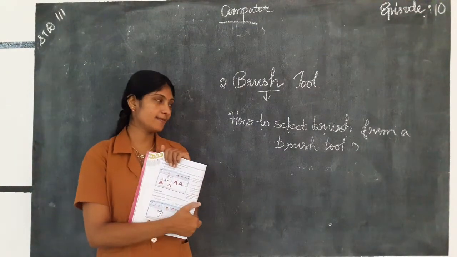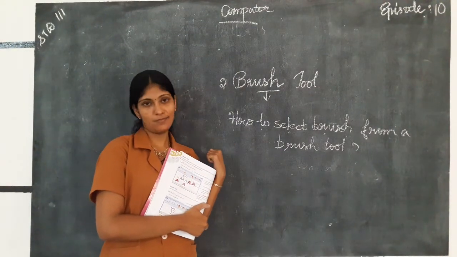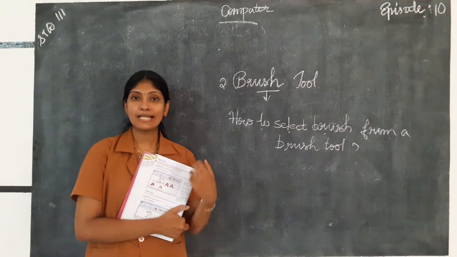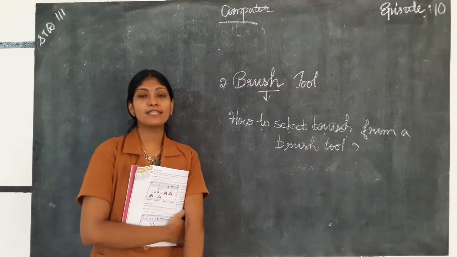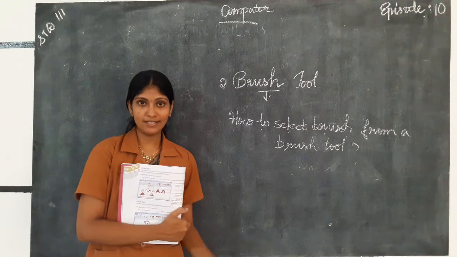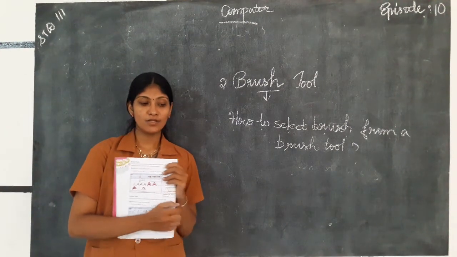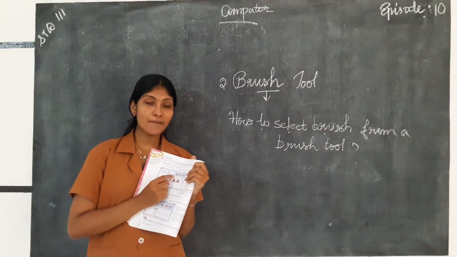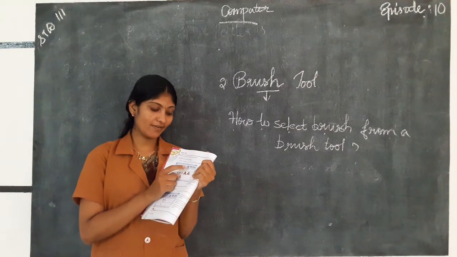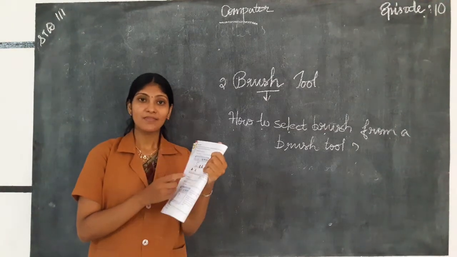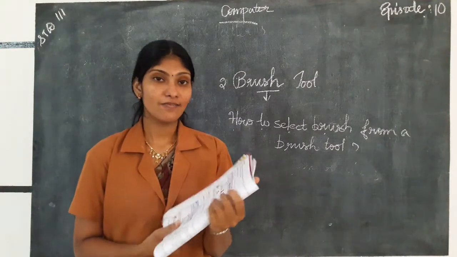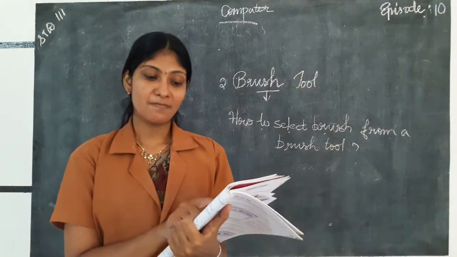There are some steps for selecting the brush. First one, click Home tab. Under the Home tab there are some buttons. Just click the brush tool, and it contains so many brushes.